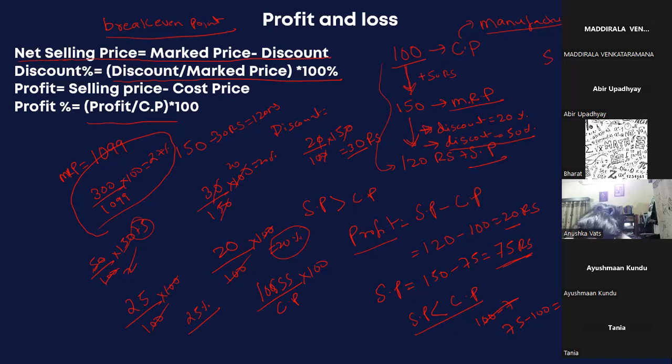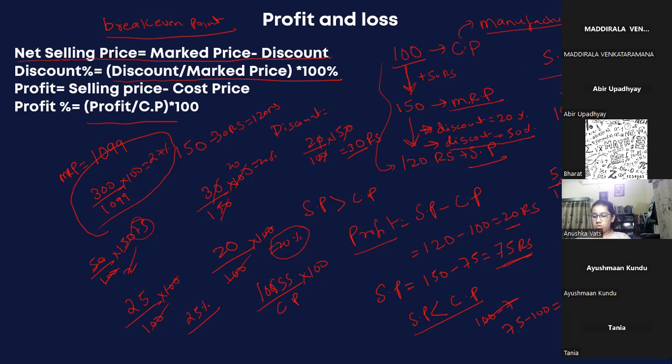That means selling price is equal to cost price is equal to 100 rupees, right? So what is the discount given by him? Discount is calculated on MRP. So 150 minus 100 is 50 rupees. So what is the discount percentage? 50 by 150 into 100, which is nothing but 1 by 3.